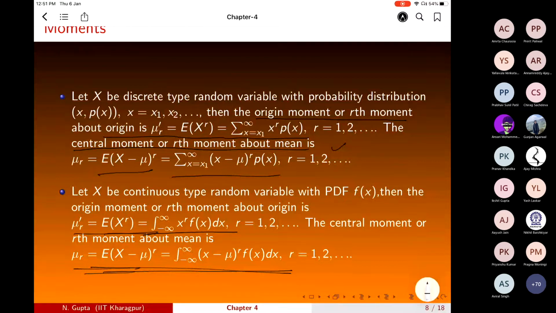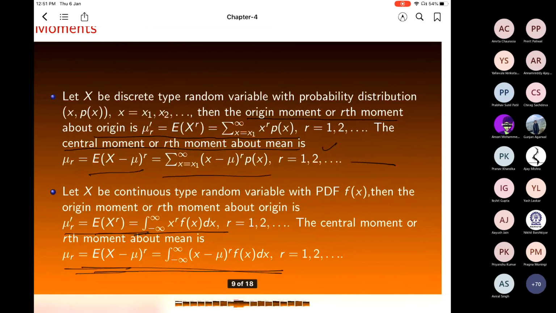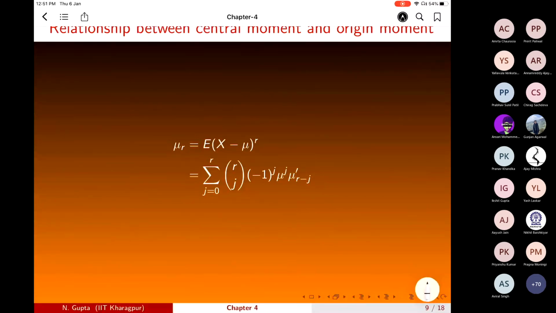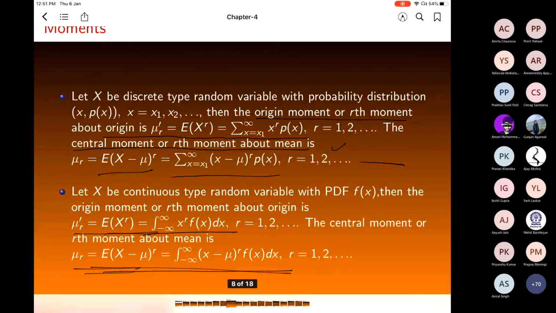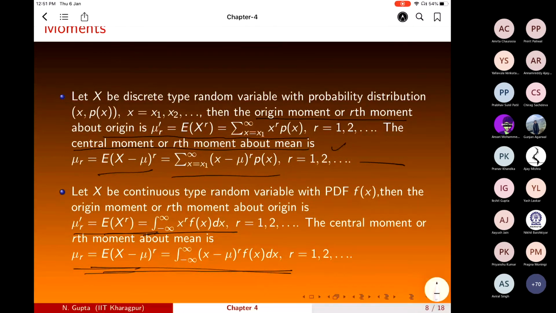This is the rth moment about origin. The relationship is easy to find using the binomial expansion. So mu r is the expected value of x minus mu raised to power r, which is basically the rth moment about the mean, or central moment.